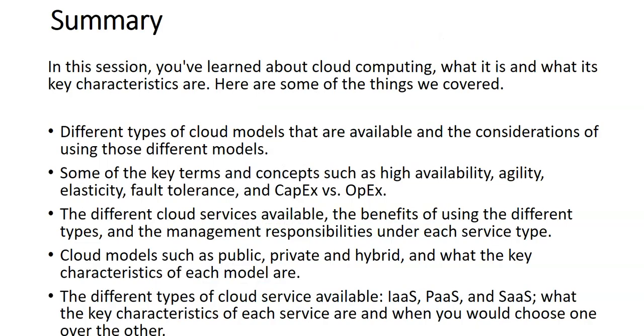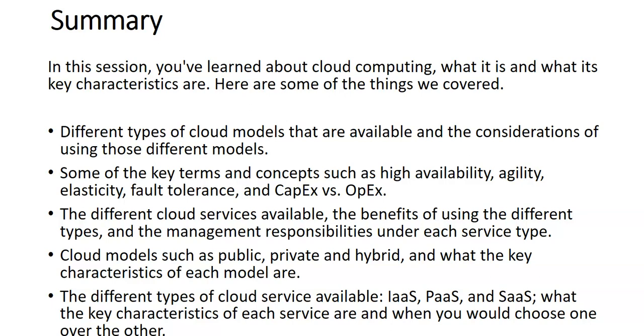So, summary: in this session, we have learned about cloud computing, what it is and what its key characteristics are. Here are some of the things that we have covered. We have covered different types of cloud models that are available. We have gone through key terms and concepts such as high availability, agility, elasticity, fault tolerance, and CAPEX versus OPEX. CAPEX is capital expenditure, OPEX is operational expenditure.